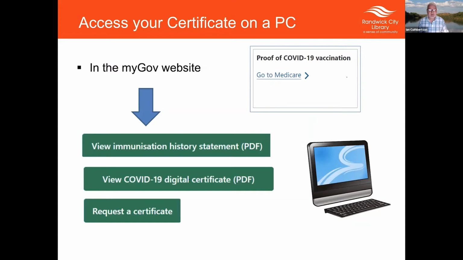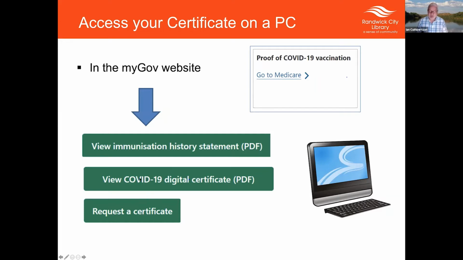Okay. Right. So, access your certificate on a PC. This is what I was talking about before. There's that fabulous little shortcut. Whenever you see a shortcut, grab it, because you're going to have to go to Medicare anyway. So you're in the MyGov website and it says view immunisation history statement, view COVID-19 digital certificate, and request a certificate.